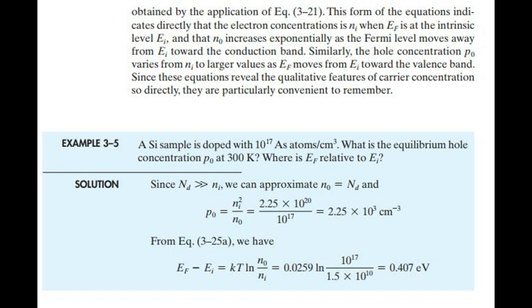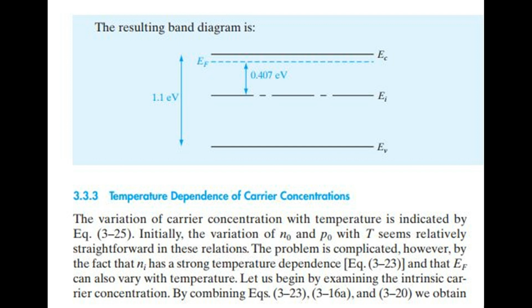The variation of carrier concentration with temperature is indicated by EQ 3-25. Initially, the variation of n0 and p0 with T seems relatively straightforward in these relations. The problem is complicated, however, by the fact that ni has a strong temperature dependence, EQ 3-23, and that F can also vary with temperature. Let us begin by examining the intrinsic carrier concentration.